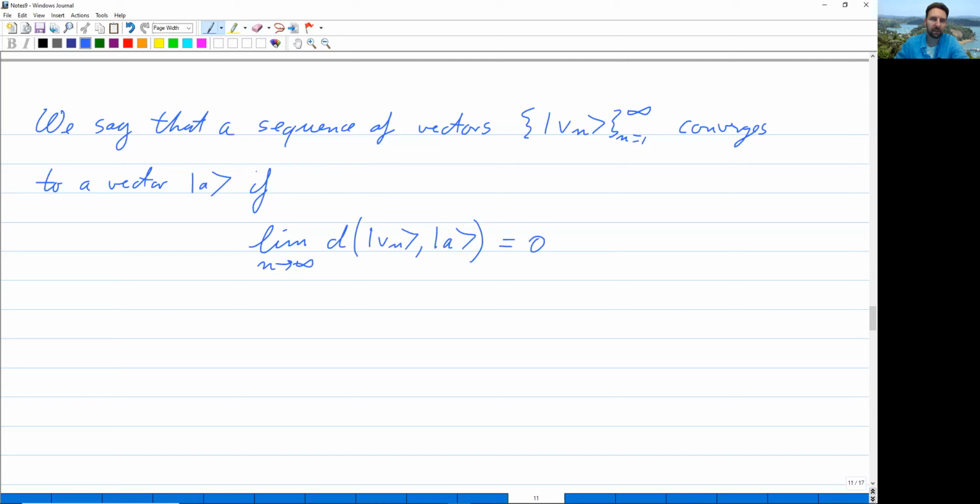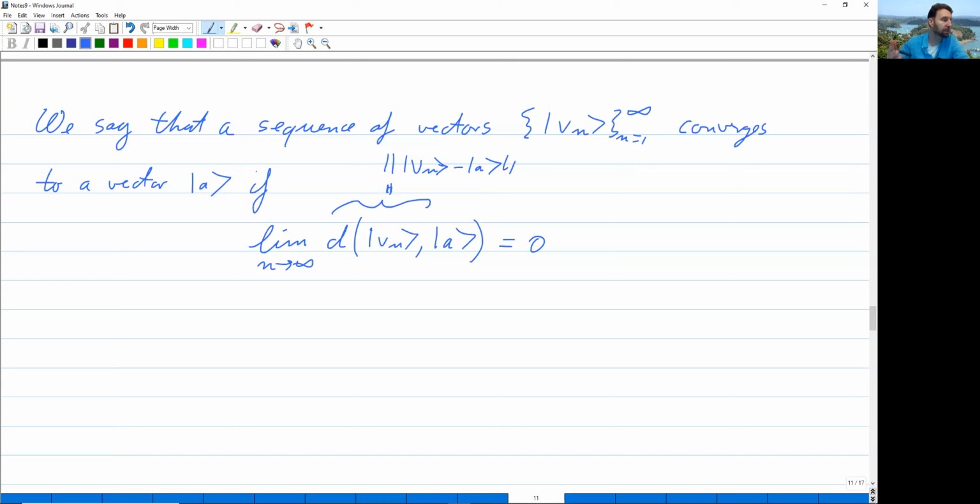Remember what this is: this is equal to the length of the vector Vn minus A. Okay, so we say that a sequence of vectors Vn converges towards a vector A in our pre-Hilbert space H if the sequence of distances between these vectors goes to 0.